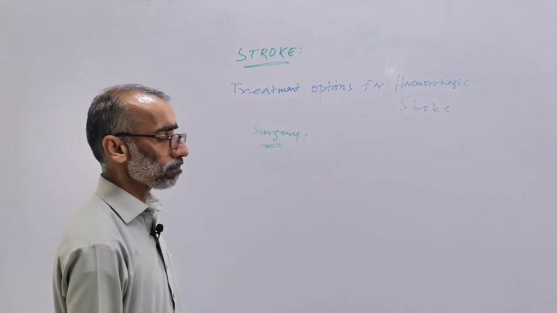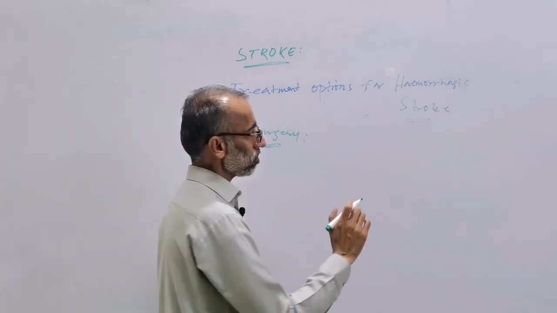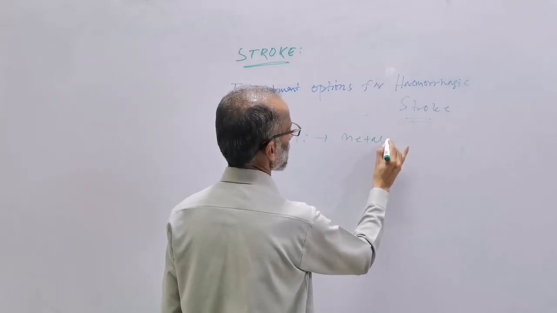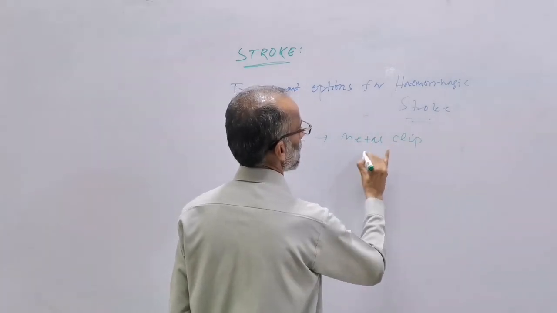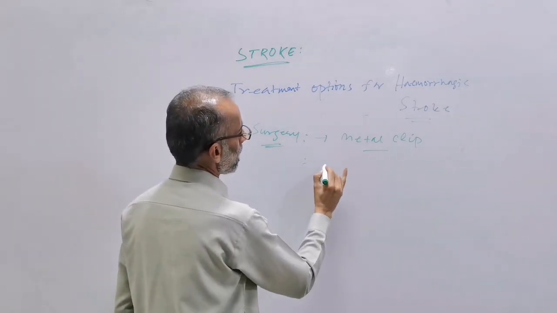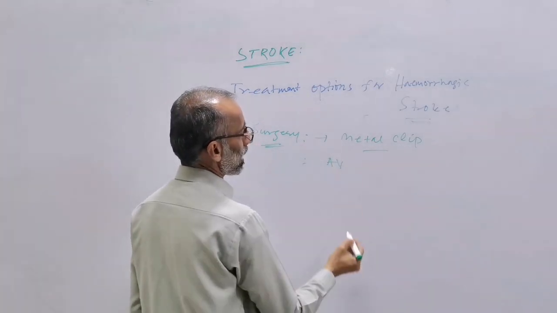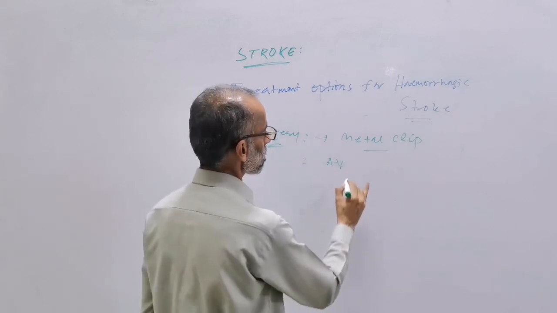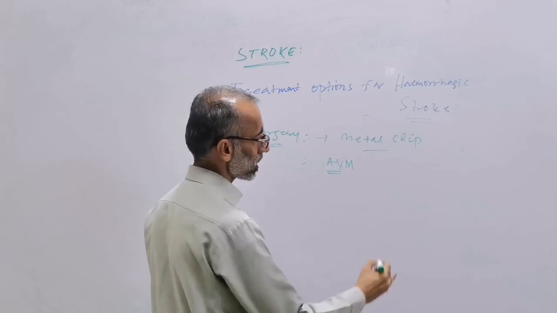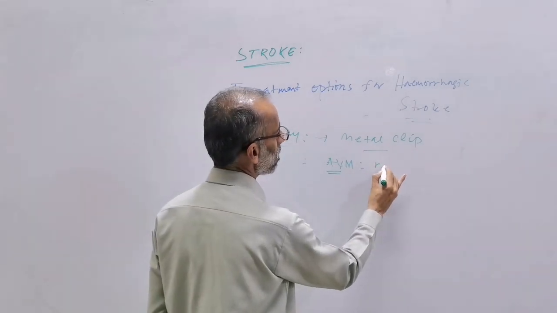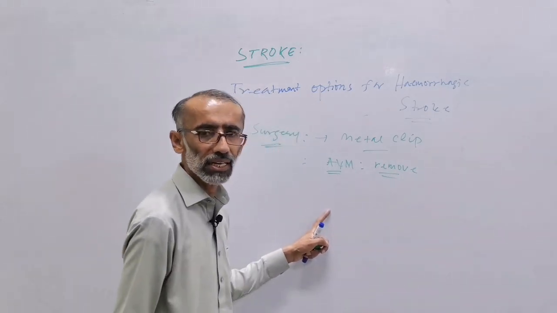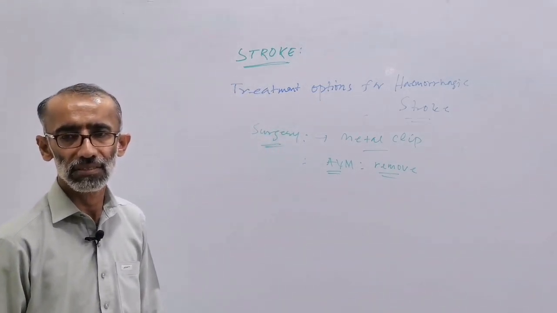In case of aneurysm, we apply a metal clip at the base of the aneurysm. If bleeding is due to arteriovenous malformation, AV malformation, we have to remove these abnormal vessels by surgery.